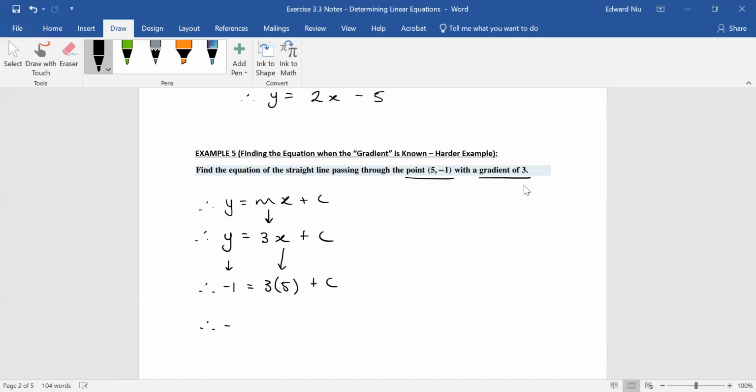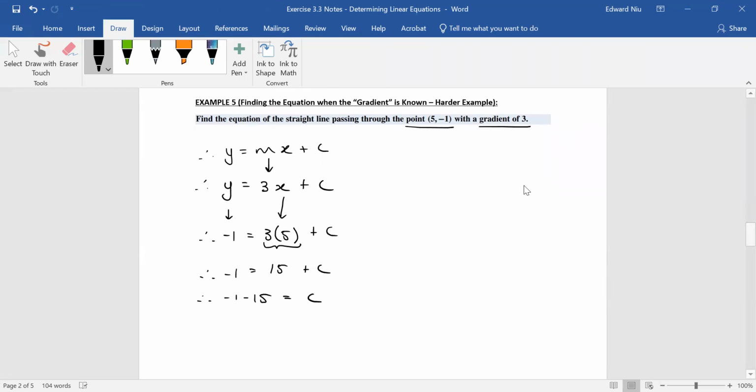So -1 equals 15 plus c. So if we take 15 away on both sides, we get c by itself. 1 take away 15 gets us -16.